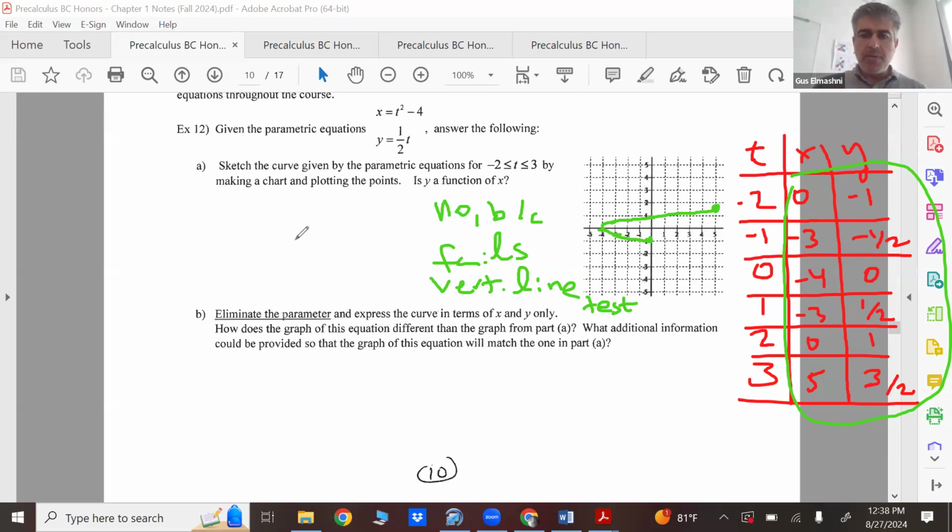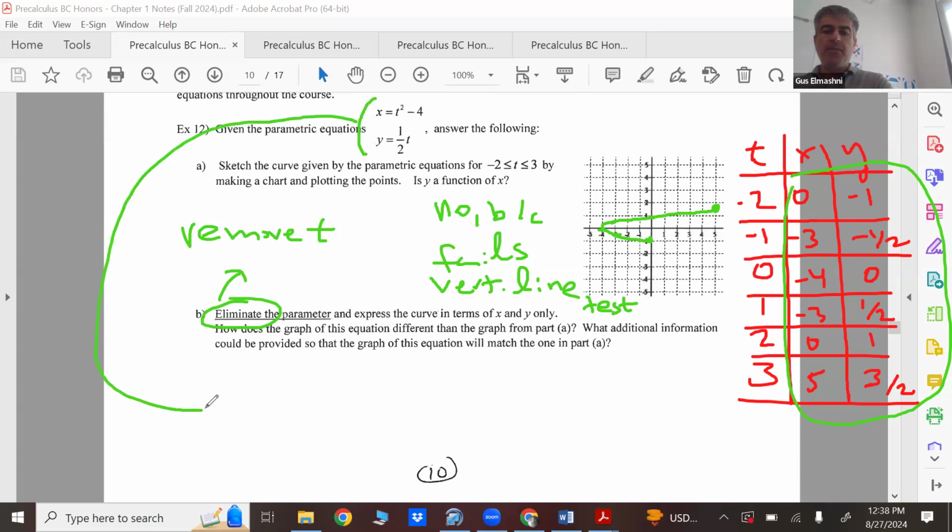So what if I wanted to get x in terms of y or y in terms of x? Eliminating the parameter means you want to remove t. Any ideas how I can remove t? How would I substitute? Anyone have an idea?